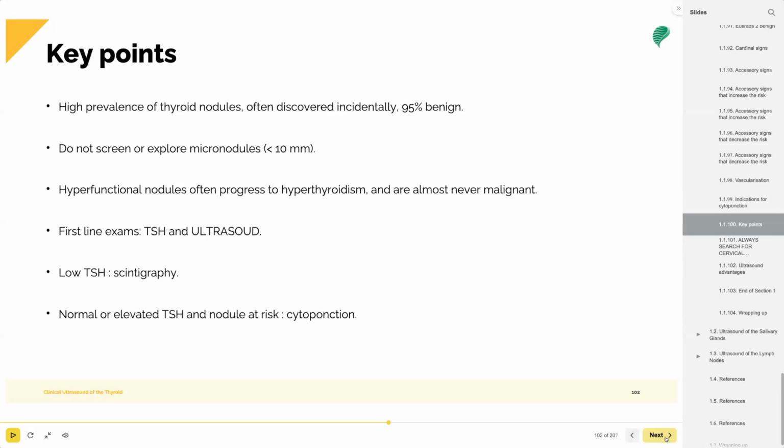Some key points that we're going to take away from this are that there is a high prevalence of thyroid nodules found in patients, usually more so with age. 95% of them are usually benign. There are different types of thyroid nodules.